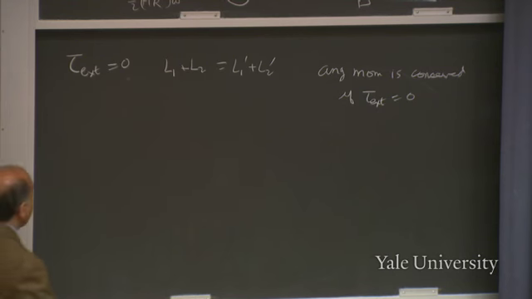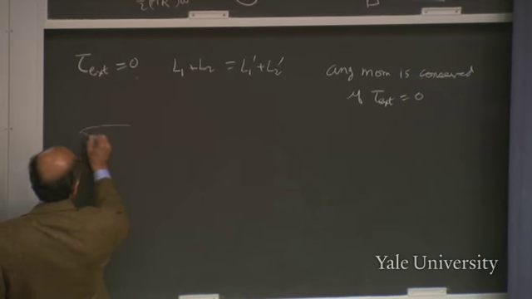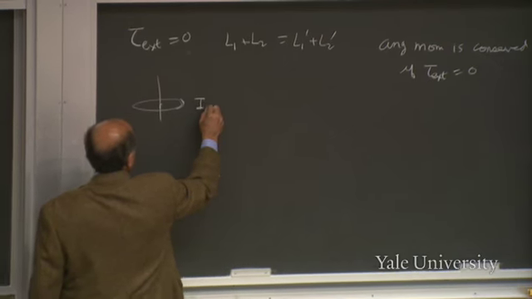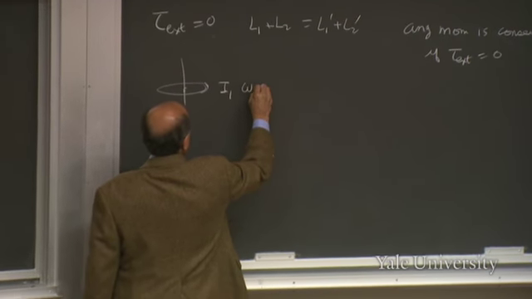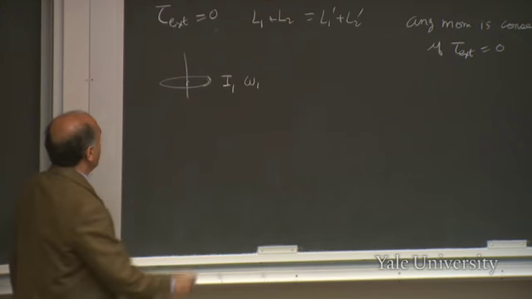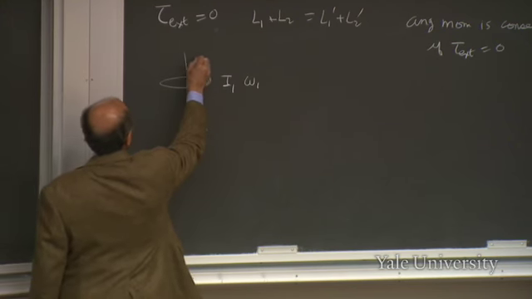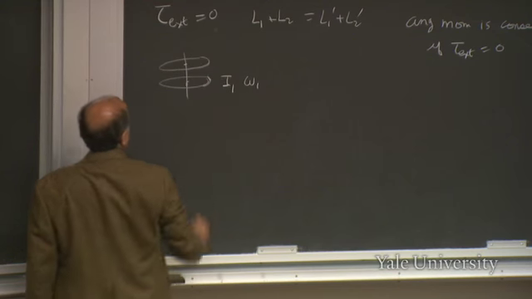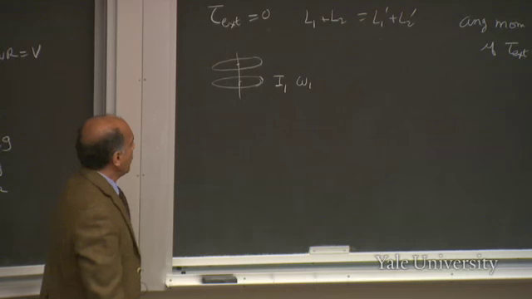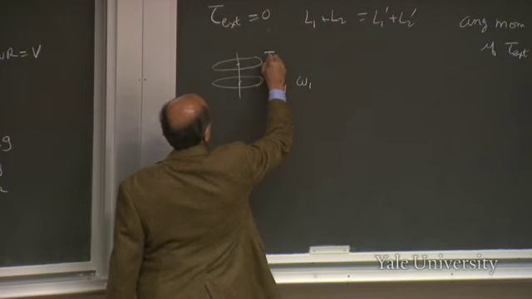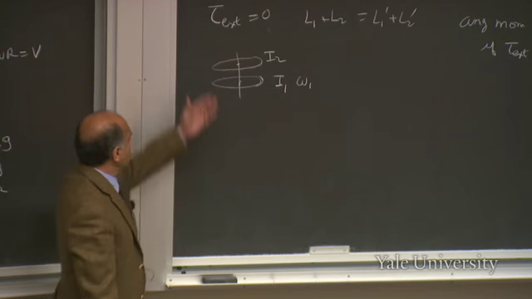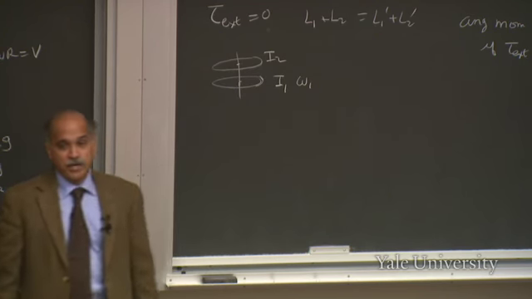Here's one example. There is a disk on a spindle, just spinning around. The disk has some moment of inertia I1. It's spinning at some angular velocity omega 1. On top of this is a second disk, just 1 millimeter away, and it's at rest. It's got some moment of inertia I2, but it's got the same center as this one. And then this one falls on that one, and the question is what happens?